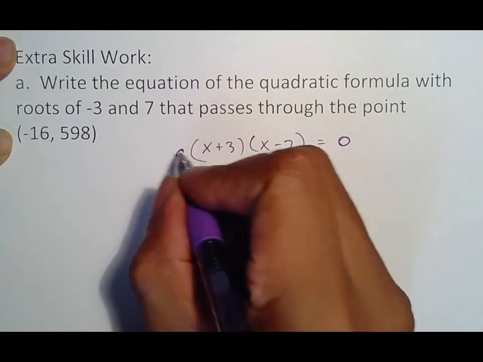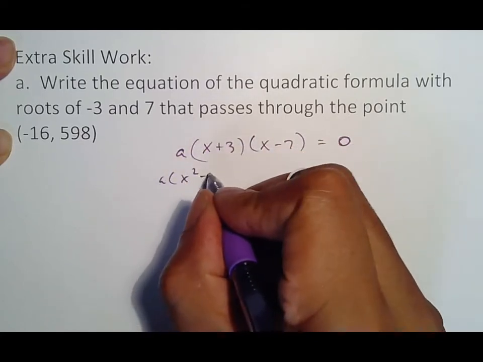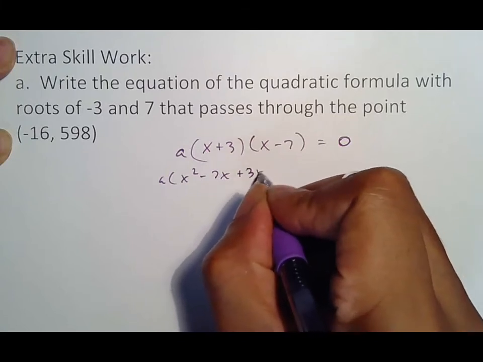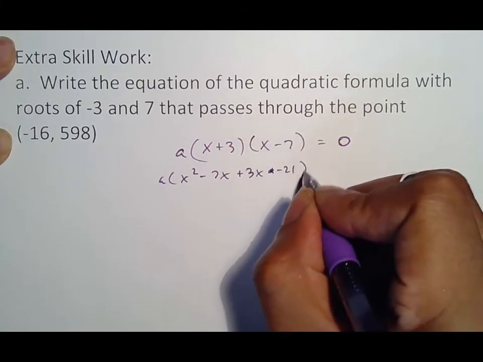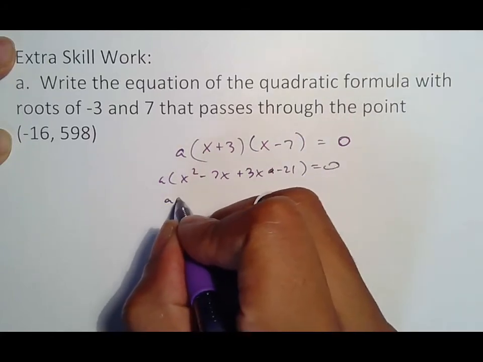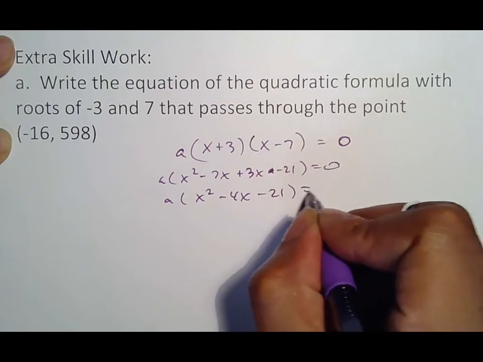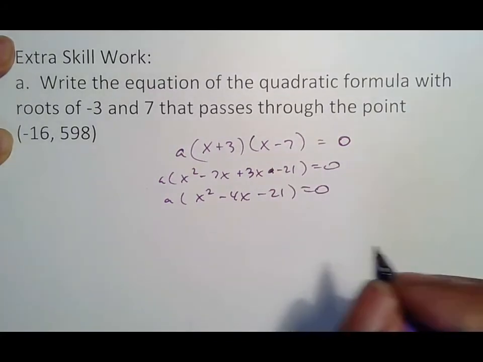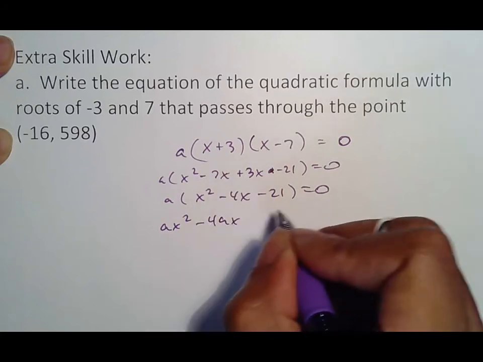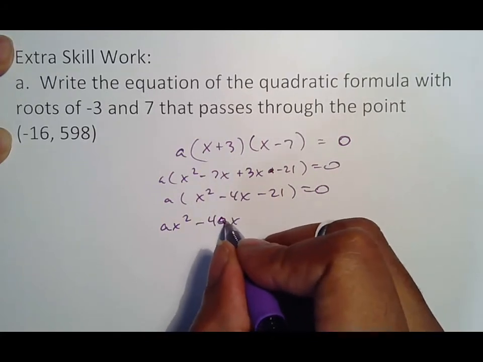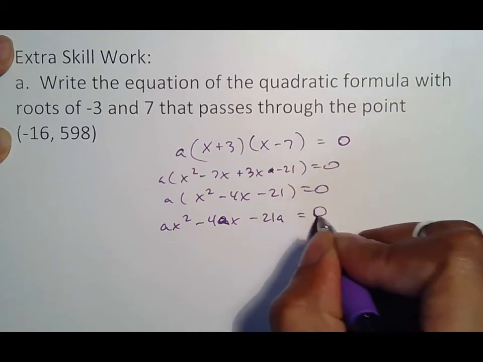So we end up with, forget your a, it'll be a times x squared minus 7x plus 3x minus 21 equals 0, which means it's a times x squared minus 4x minus 21 equals 0, which means that we are looking for ax squared minus 4ax, remember that's an a, minus 21a equals 0.